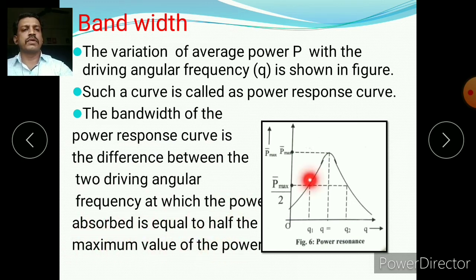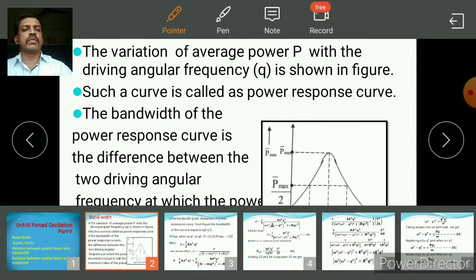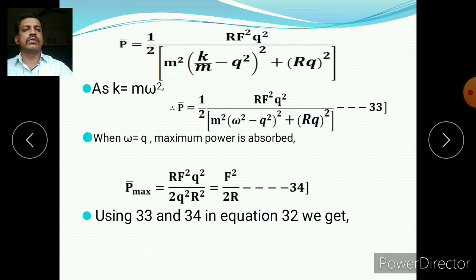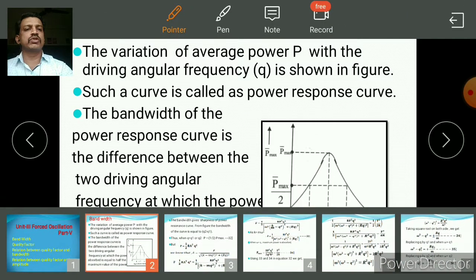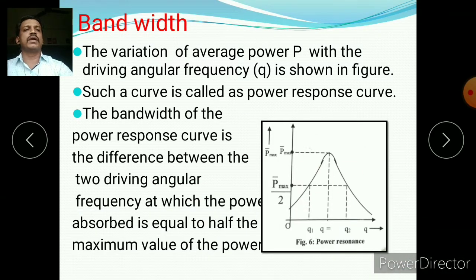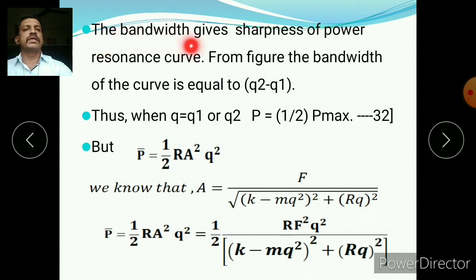So this is one point and this is another point where the power is half. The difference between these two frequencies is known as Q2 minus Q1, and it is known as the bandwidth. The bandwidth gives the sharpness of the power response curve.